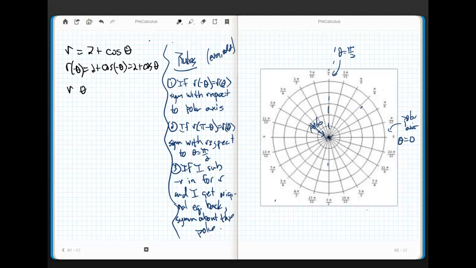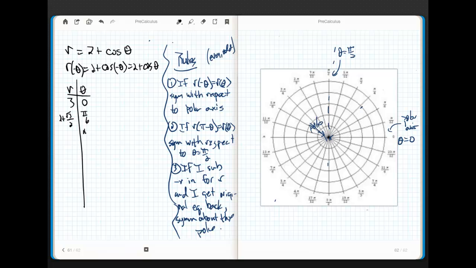So if I go r and theta here, right, and I plug in 0, well, let's see. Cosine of 0 is 1. 2 plus 1 is 3. That's easy. How about pi sixths? Well, the cosine of pi sixths is root 3 over 2. So this is going to be 2 plus root 3 over 2.